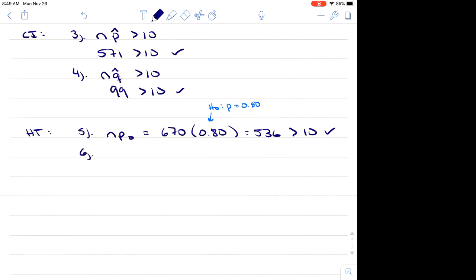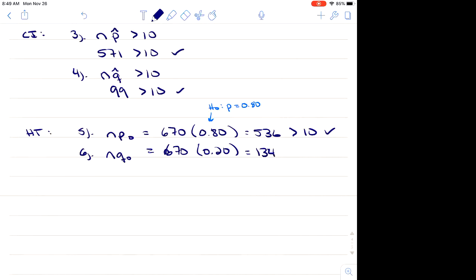So our last assumption is that n q naught, n is still 670, times q naught, which is 1 minus 0.8, 0.2, which is 670 times 0.2.